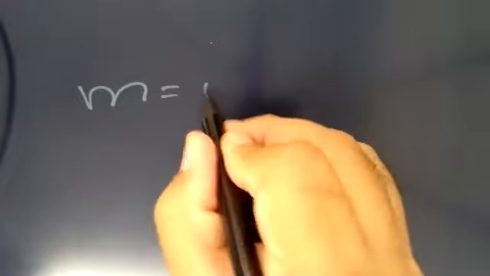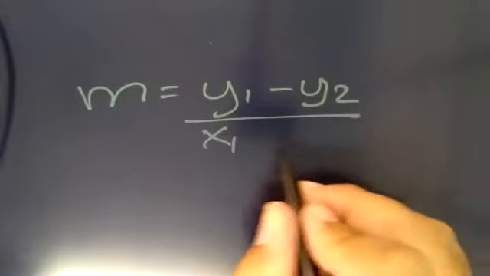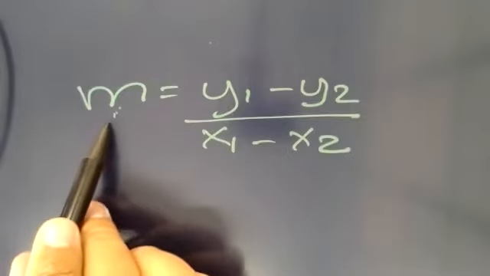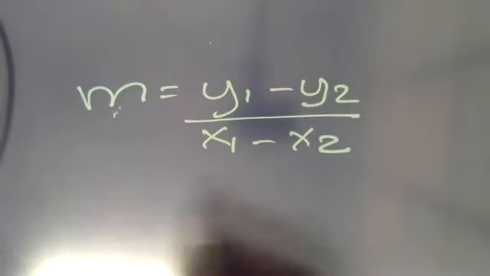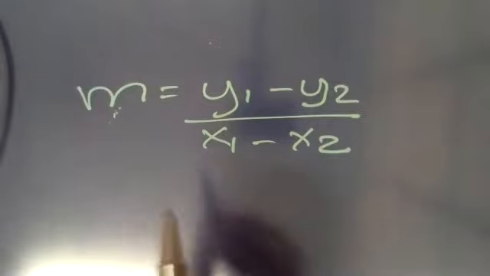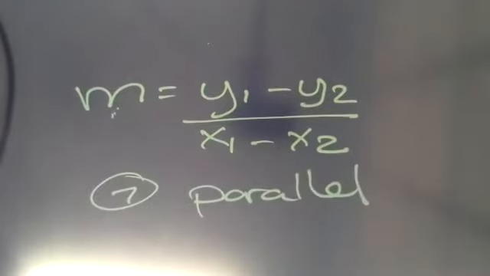The slope formula is m is equal to y1 minus y2 over x1 minus x2. If both of the m values are the same, then they share the same slope. Very important to understand that. All right. And the same thing goes for number 7. It still uses the keyword parallel. All right.